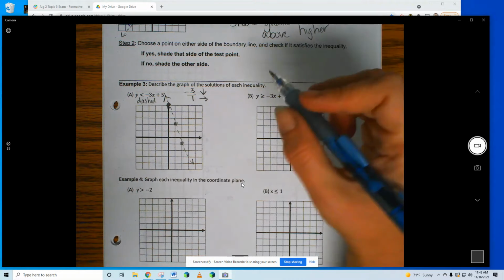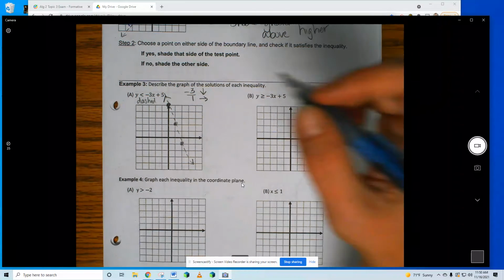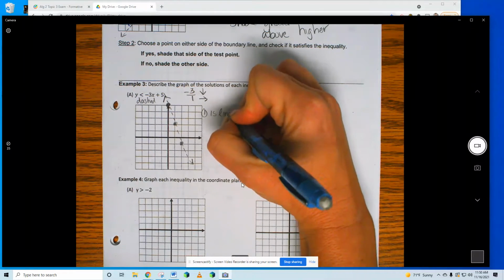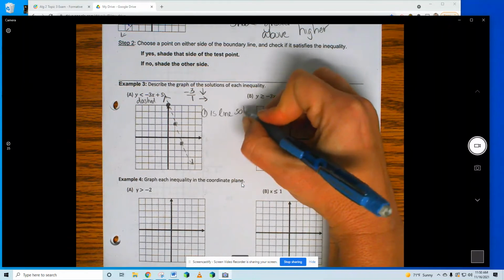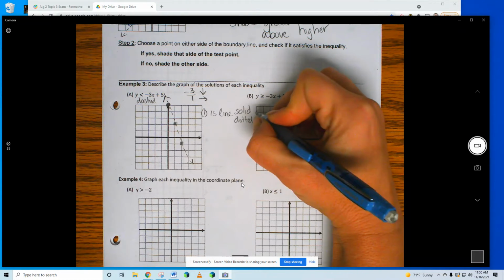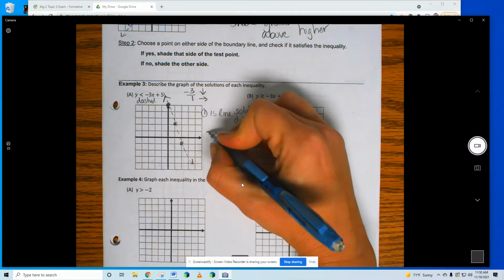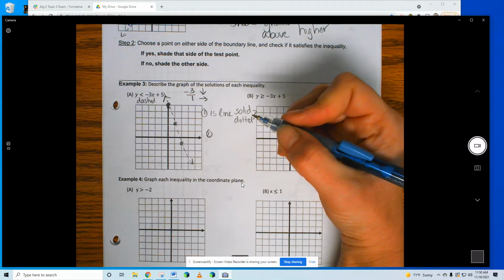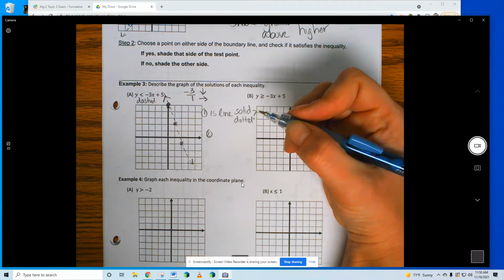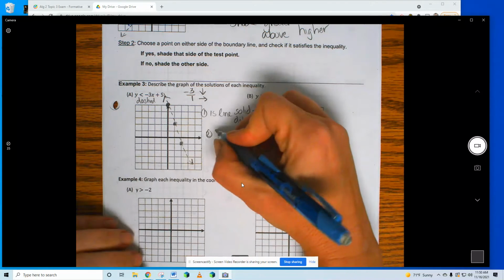So I ask myself, is the line solid or dotted? And then I ask myself, do we shade above or below?